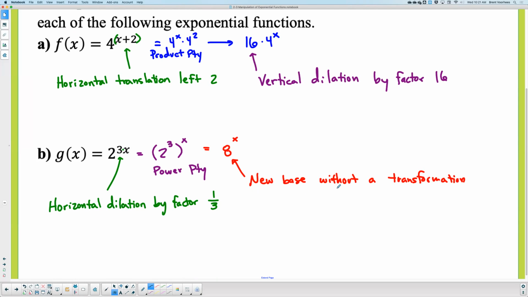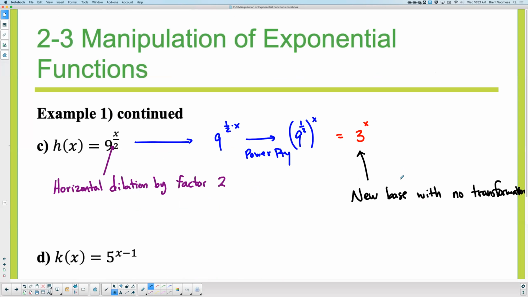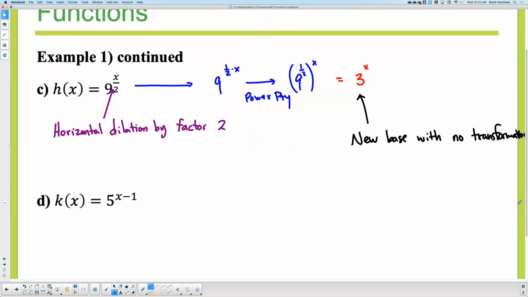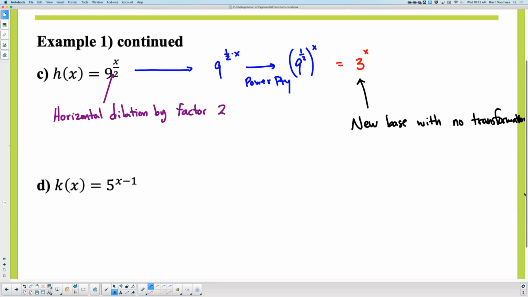A new base without a transformation. So when I did this one a moment ago, I saw horizontal dilation. I was expecting to get a new base with no transformation, but that's not where we ended up. So that's how I knew something's off. I plugged in the number 1 and realized, oh man, we're way off.